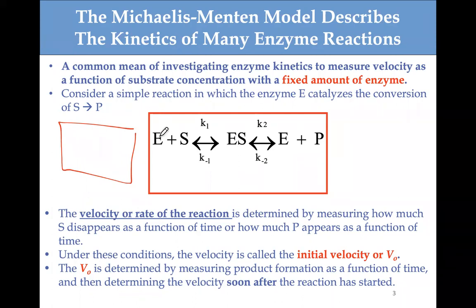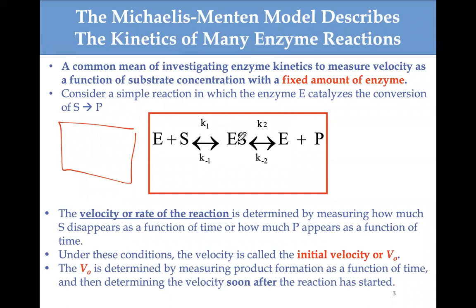Here you have your enzyme and your substrate. They bind together and give you the enzyme-substrate complex, which is an unstable or transient state. The arrow going in this direction is noted as K1. Then the enzyme-substrate complex gives you a product, and the enzyme can be used again with another substrate. This is K2.